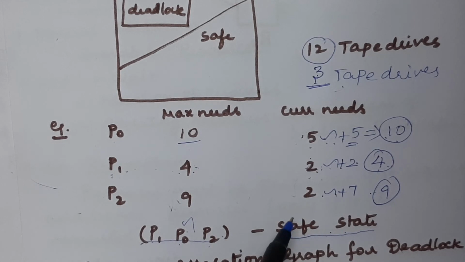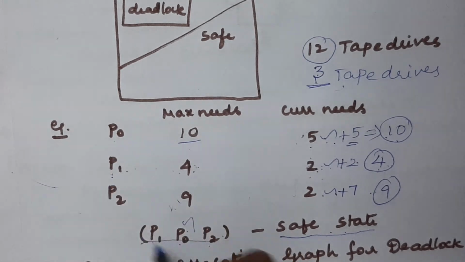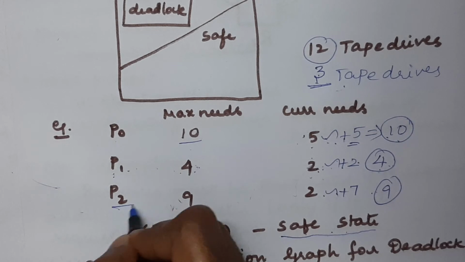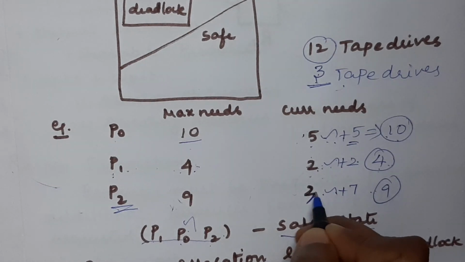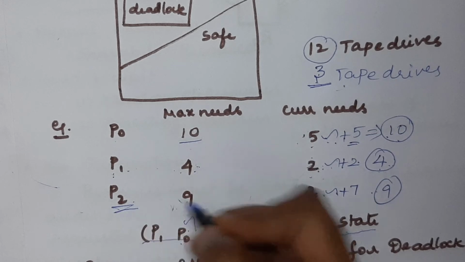But when can we say that the system will change from a safe state to an unsafe state? Let us see. Suppose in the same example, you get one more request by P2, so instead of allocating 2 resources, you allocate 3 resources initially to the P2 process.